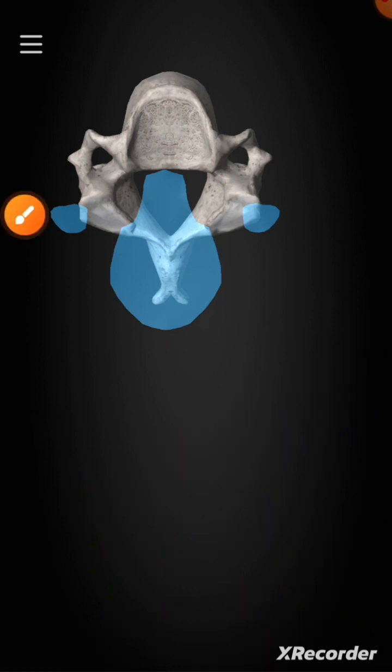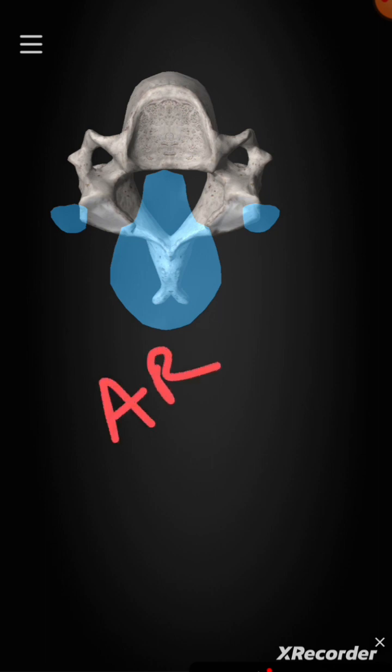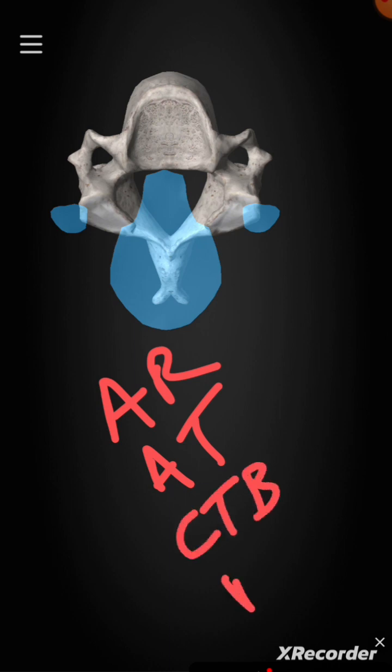Once again, costal elements represent which four things? Anterior root, anterior tubercle, costo-transverse bar, and posterior tubercle.